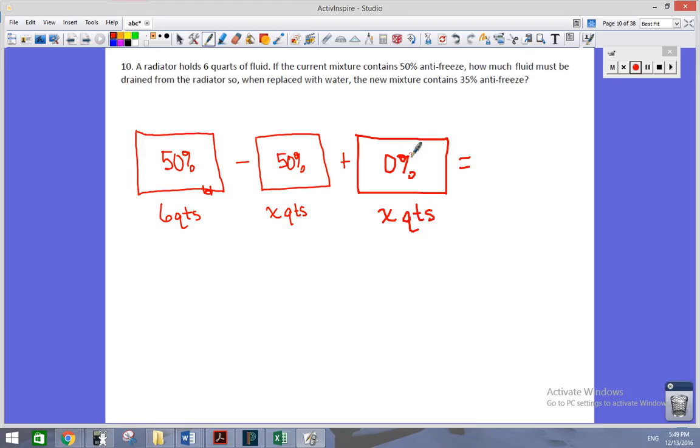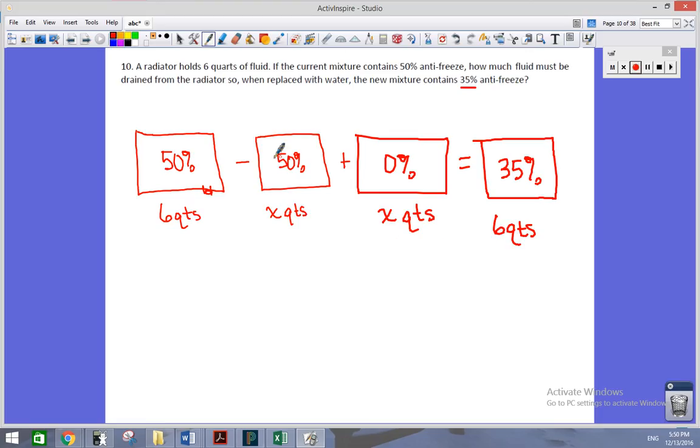So that water is going to dilute this solution. When we add water, it's not going to be as strong as it was. It's back up to 6 quarts, but the concentration now with the water, it diluted it, and it's telling us that it diluted it all the way to 35%.